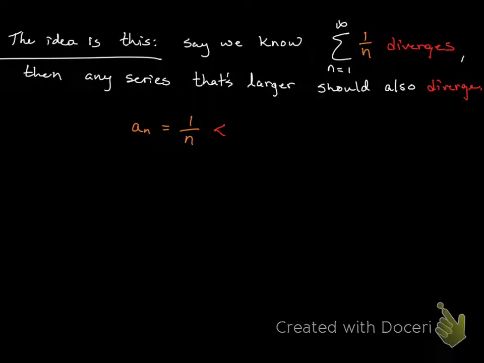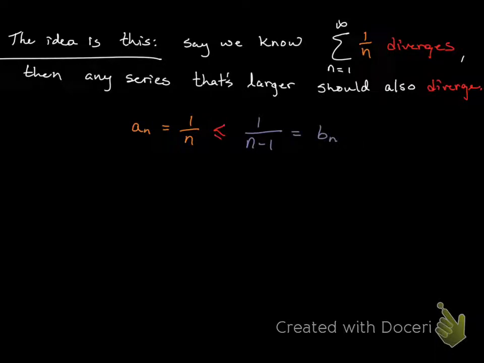Since n is in the denominator there, I'm working with 1, 1/2, 1/3, 1/4, 1/5, so on and so forth. The numbers I decide to compare to have to be larger numbers. So making the denominator smaller, for example, 1 over n minus 1, that would be my Bn here and my larger series.